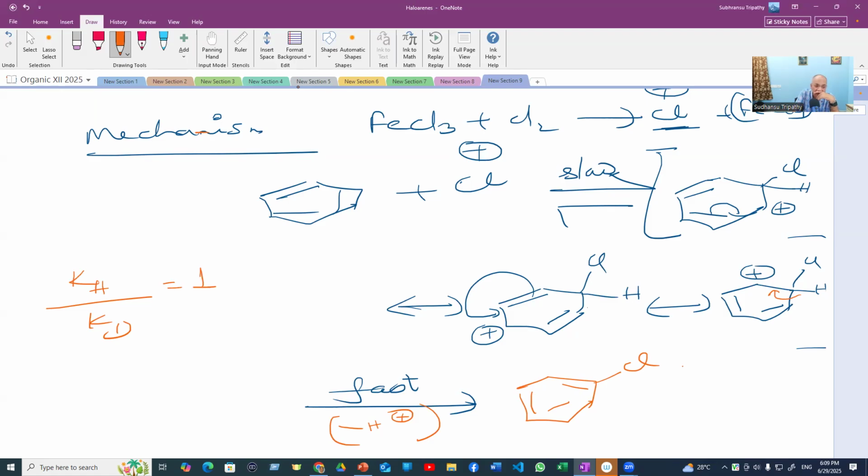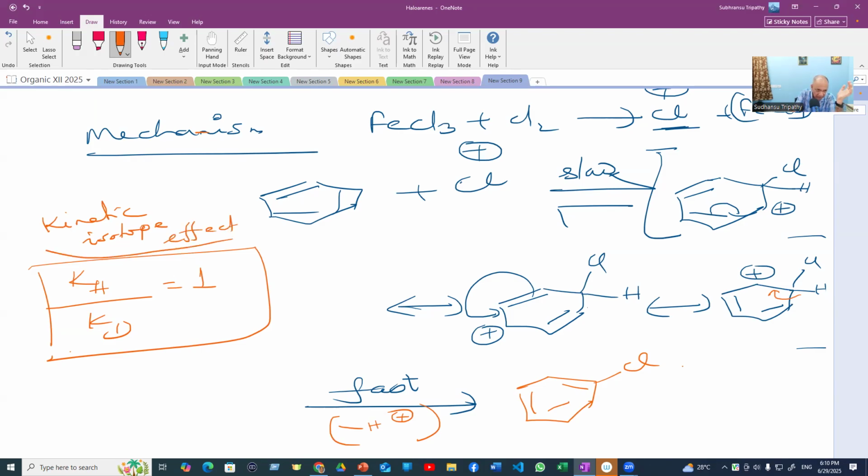kH, the rate constant when all are hydrogen, is for ordinary benzene. kD is for deuterated benzene. They react with the same rate for any electrophilic substitution, excepting sulfonation. I remind you that this is called the kinetic isotope effect, which is not found in ArSE usually.